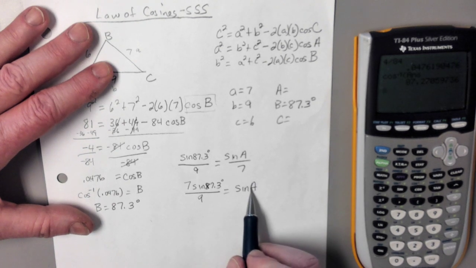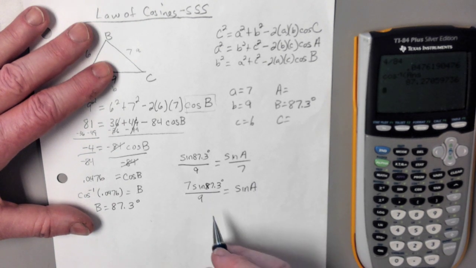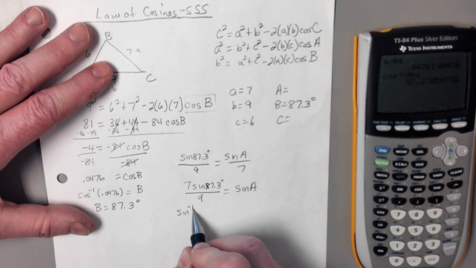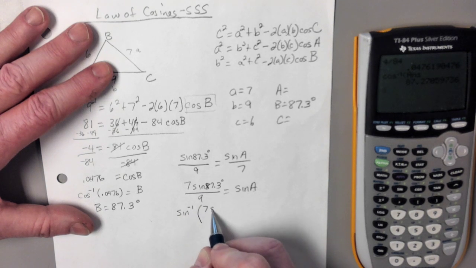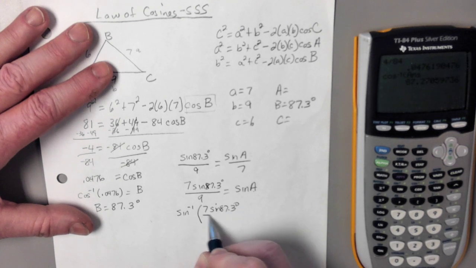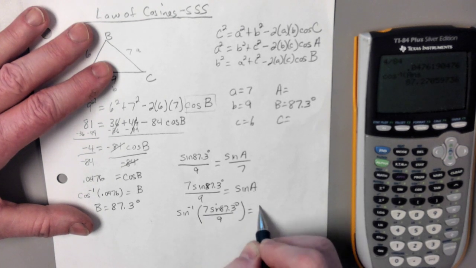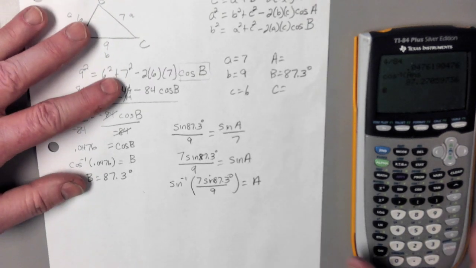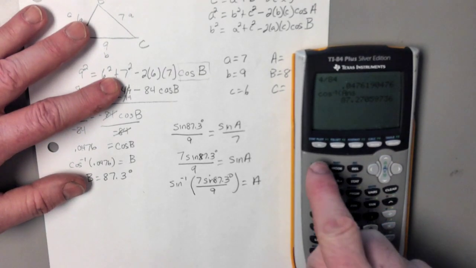To find what angle A is, we do the inverse sine of this. So inverse sine of 7 sine of 87.3 degrees divided by 9 has to be what angle A equals. So now you put that in your calculator.